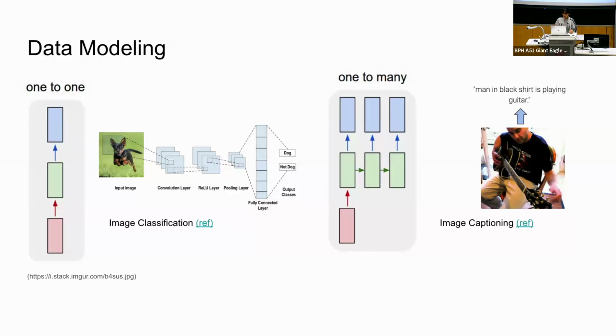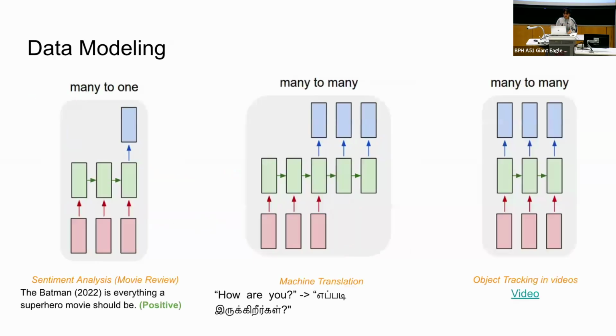Then you have one-to-many, where you give it one input and expect many predictions. For instance, in image captioning, you give it one image, but you expect multiple words to be outputted. Another example could be poem generation, or in large language models, where you give it one word and you expect it to fill in the blank.